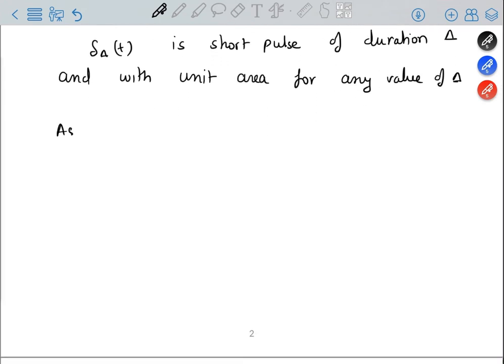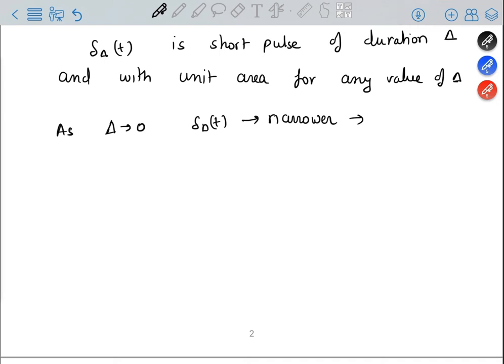As delta tends to 0, it becomes narrower and narrower, and it has to maintain its unit area.